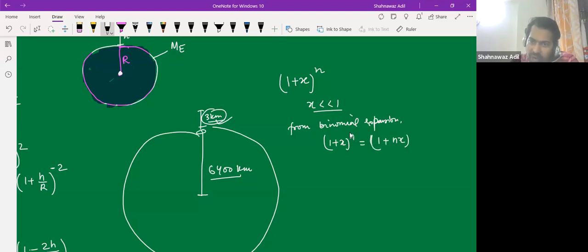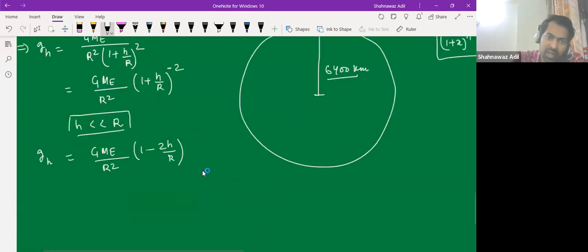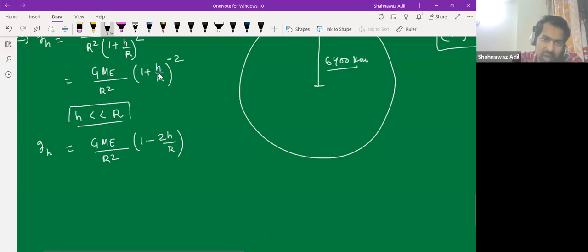So this power n is simplified to these two terms. The power comes in front of x. Minus 2 comes in.